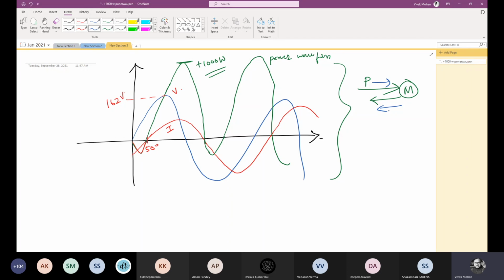As of now, we have just multiplied V and I and found the instantaneous power. Using it, we have drawn the signal and commented on the power flowing into the motor and out of the motor. And we know the period during which power is flowing into the motor and the period during which it is flowing out of the motor.